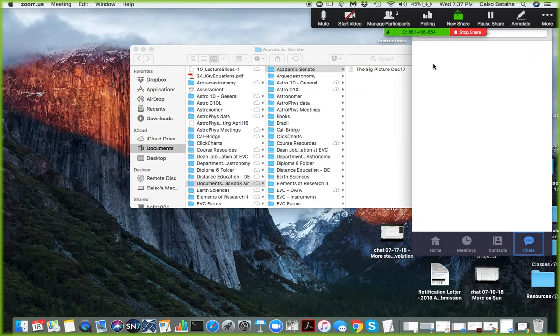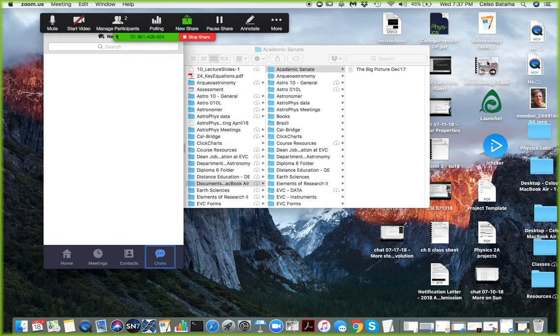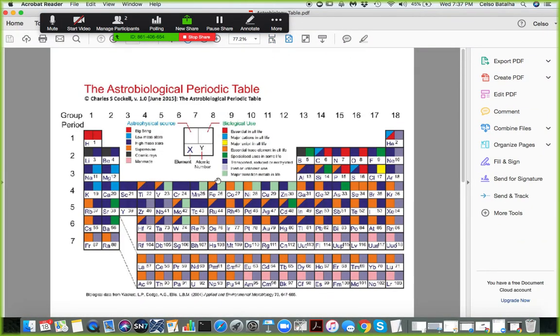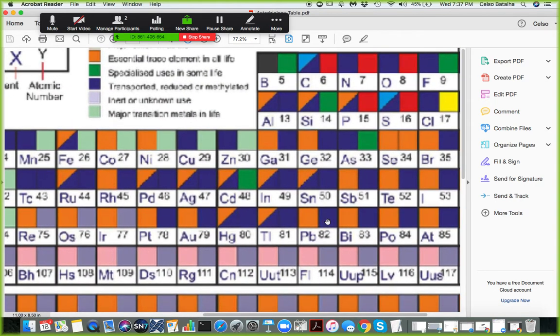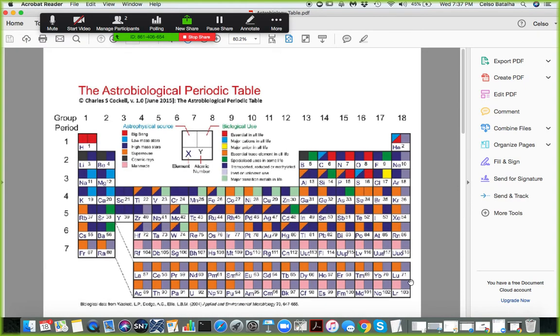The last thing I would like to show you today is an astrobiological periodic table. I'm pretty sure if you studied chemistry before, you've seen a periodic table. It gives hydrogen, helium, and then lithium, beryllium, boron, carbon, nitrogen, oxygen, and fluorine. This is not so well printed, I have to get a better one.